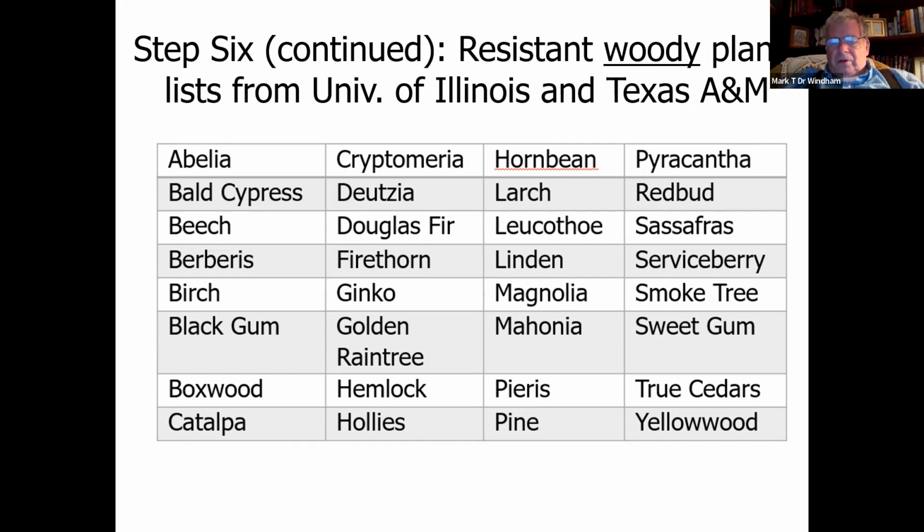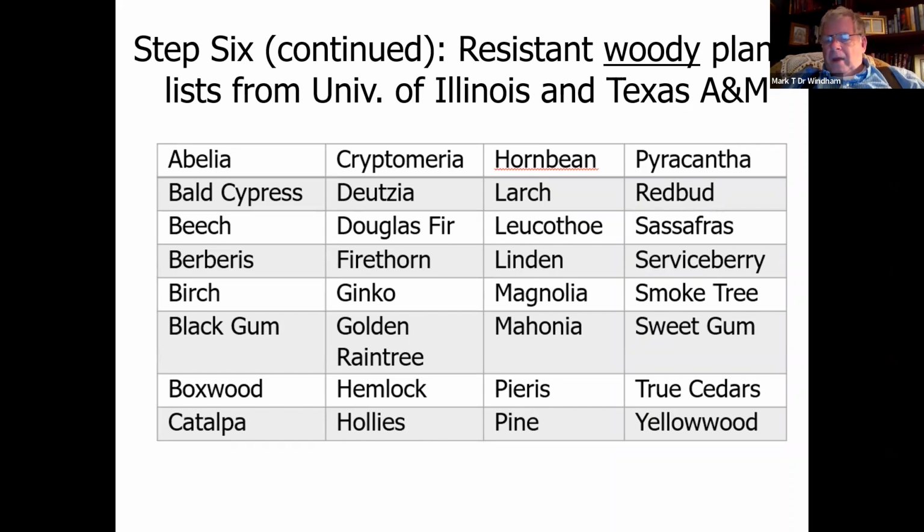Okay. For instance, you don't see hydrangeas on the list because they are susceptible to crown gall. Okay. But these are plants that can be planted where you have soil contaminated and you don't want to take some of the other steps that I've mentioned.